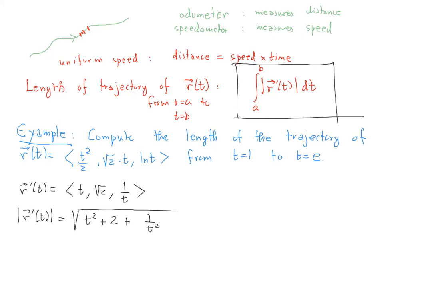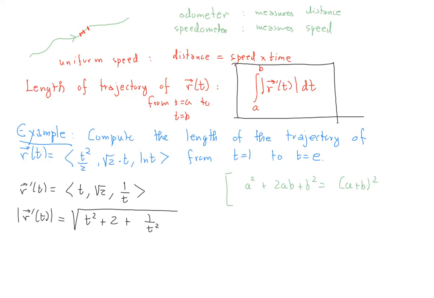One of the tricks that we should take into consideration is to look at the quantity under the radical. In this case, the quantity under the radical is t squared plus 2 plus 1 over t squared, and try to recognize it as a perfect square. What will come to our help here is the identity a squared plus 2ab plus b squared being equal to a plus b all squared.